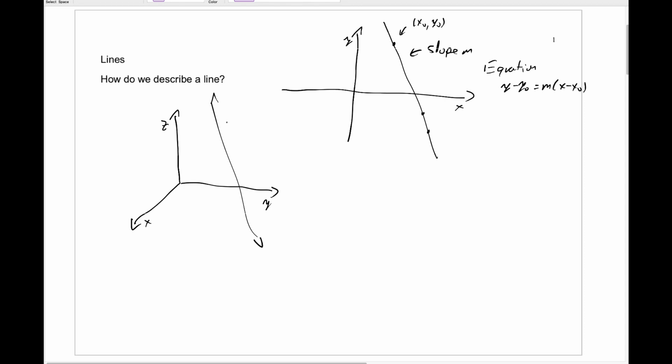Well, let's say that I try to follow this model and tell you, here's a point on the line. Say that that point is the point x naught, y naught, z naught. Is there some equivalent of this idea of a slope that we can use? Well, things are a bit trickier, and it's very hard for me to draw this. I might try like this.